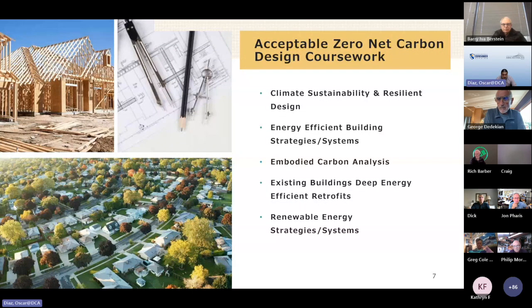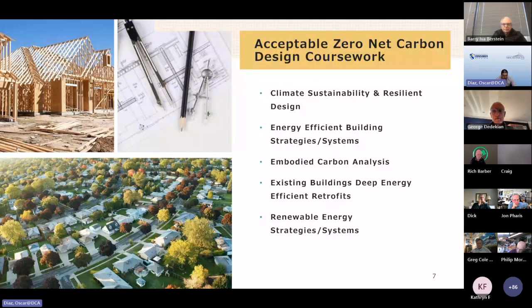Some of these examples include climate sustainability and resilient design, energy efficient building strategy systems, embodied carbon analysis, existing building deep energy retrofits, or existing buildings adaptive reuse, and renewable energy strategies and systems.